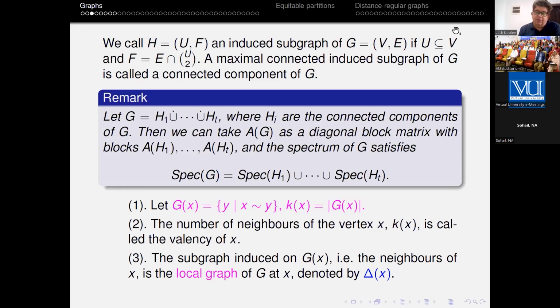And the spectrum of this graph G is the union of the spectra, where by the union I mean, if say 1 is an eigenvalue of H1 with multiplicity 10 and also an eigenvalue with multiplicity 20 of H2, then it has multiplicity 10 plus 20, which is 30. Yes, we add all the multiplicities together.